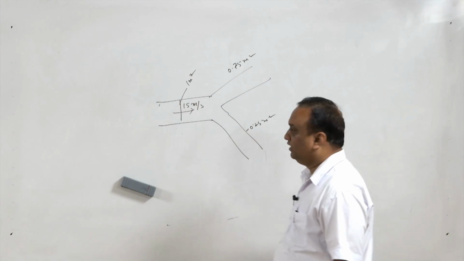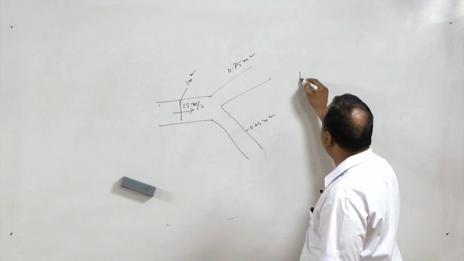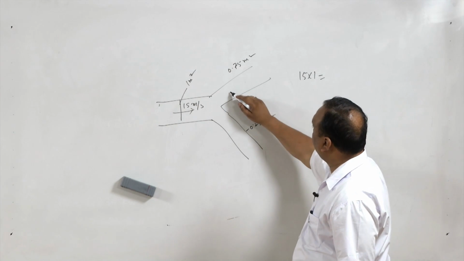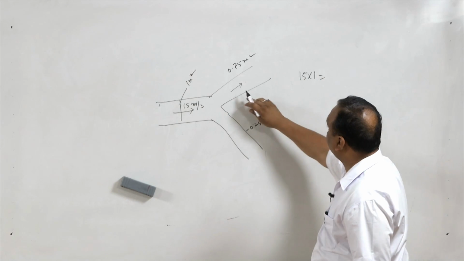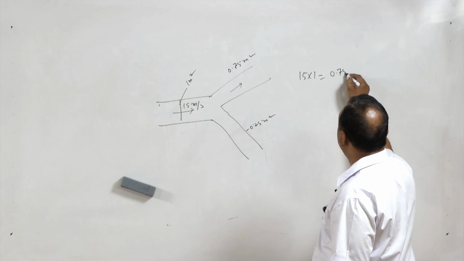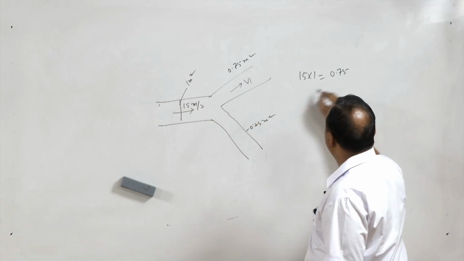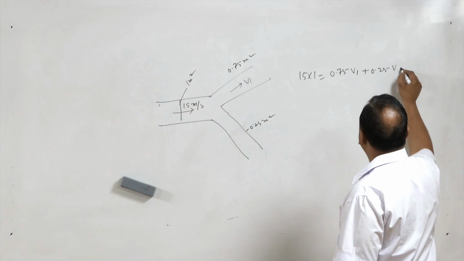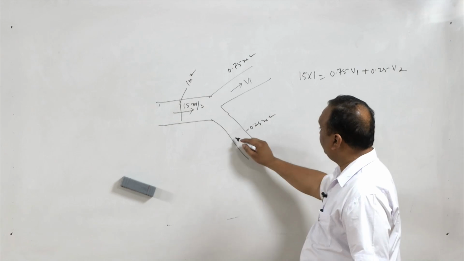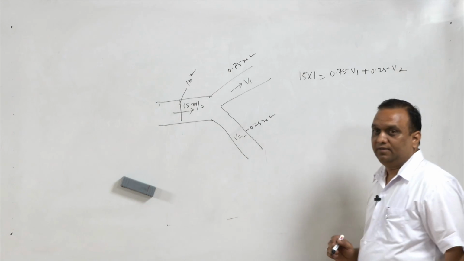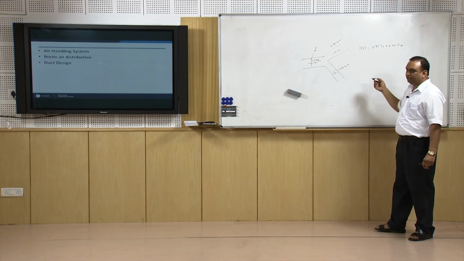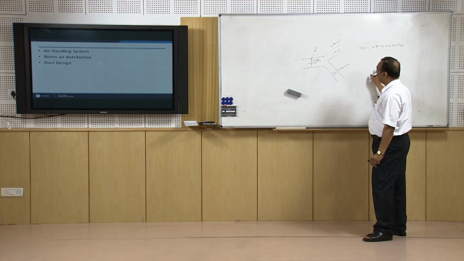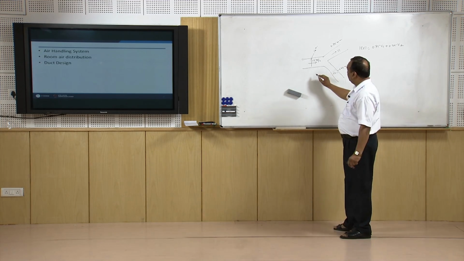So the total discharge is A1 V1, that is 15 into 1, which equals 0.75 V1 plus 0.25 V2. So all the conservation laws of fluid mechanics are applicable here in the case of duct design.